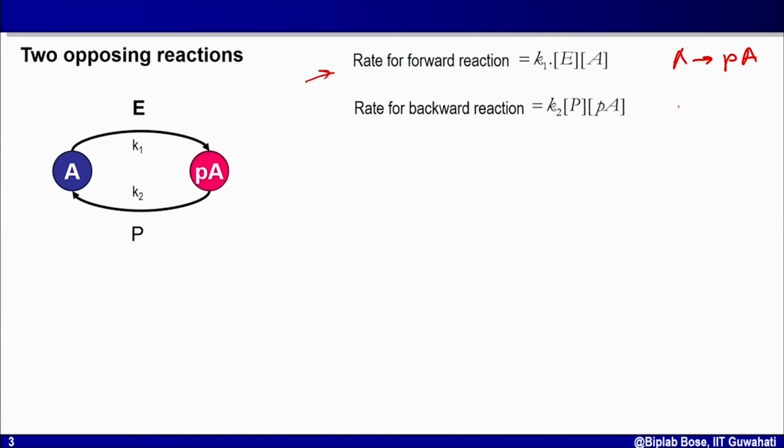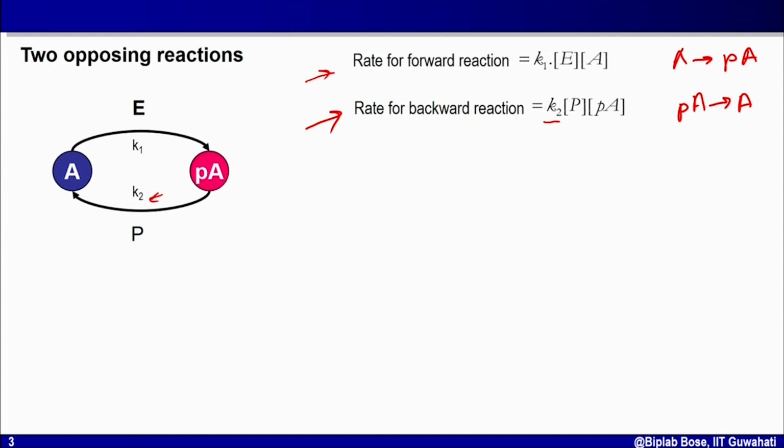Similarly, the backward reaction PA to A is catalyzed by the phosphatase. The enzyme is phosphatase here, so that is P. So the rate of backward reaction is equal to K2 into P, the concentration of the phosphatase, into PA, the concentration of phosphorylated A. So K2 here is the rate constant for the backward reaction.